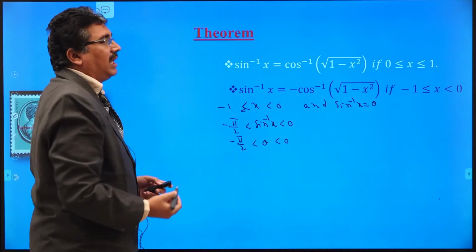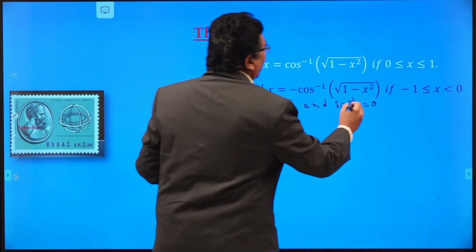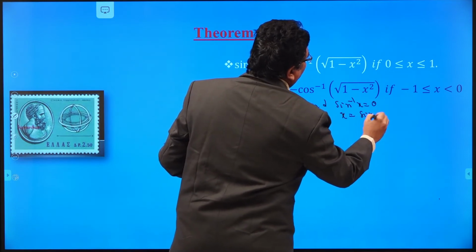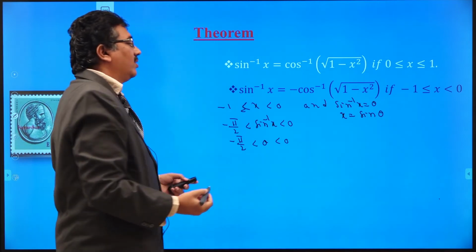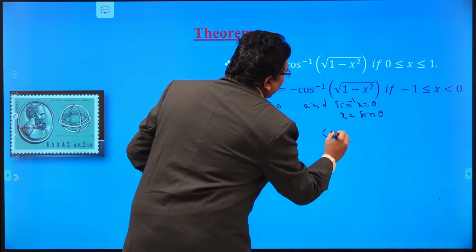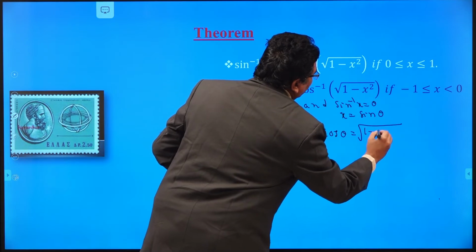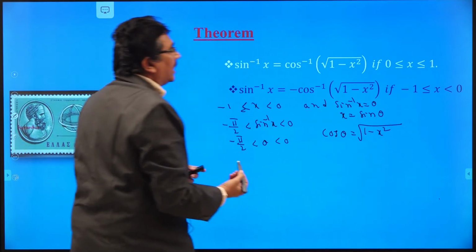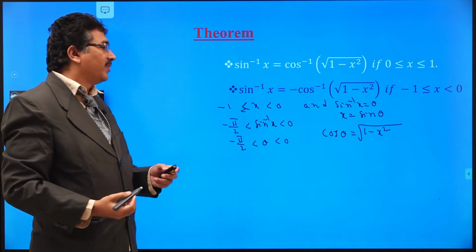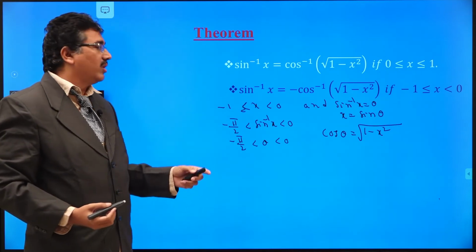And since sin inverse x equals theta, x is equal to sin theta. What is cos theta? Cos theta is equal to square root of 1 minus sin square theta, so cos theta is equal to root of 1 minus x square.